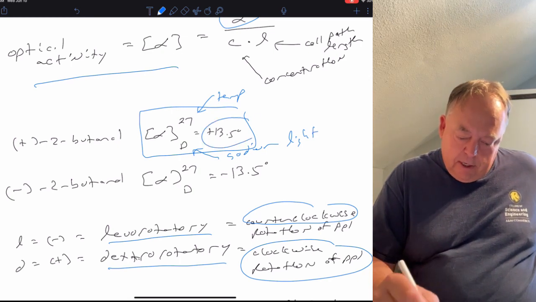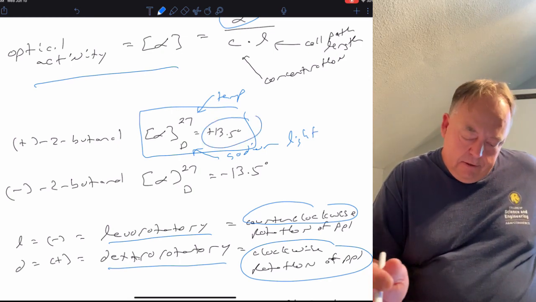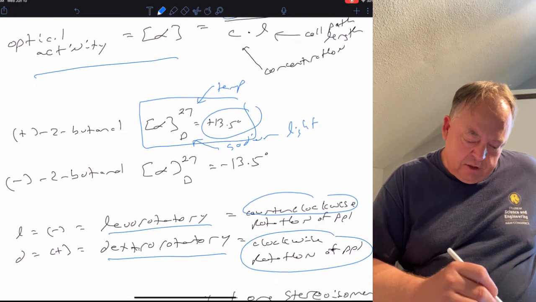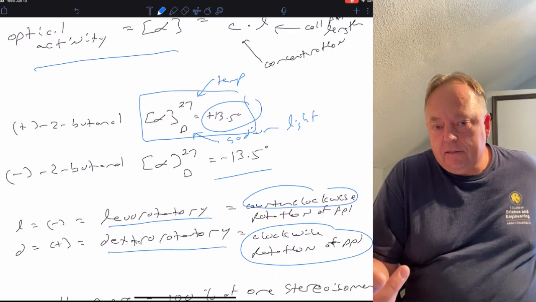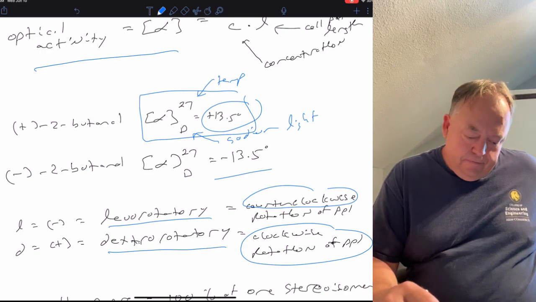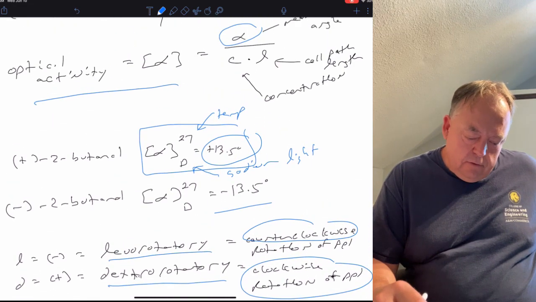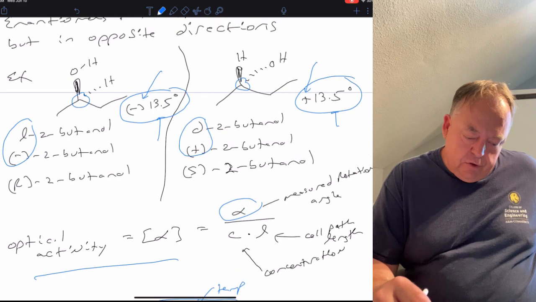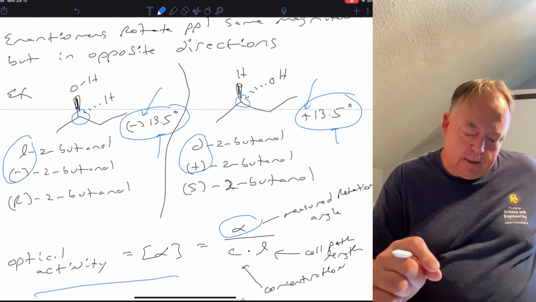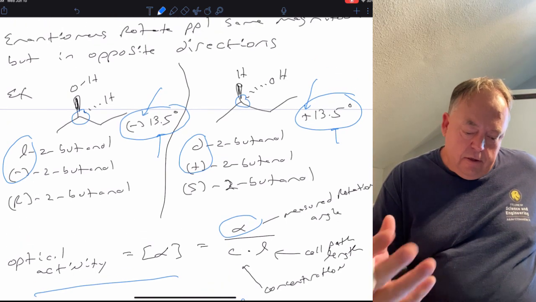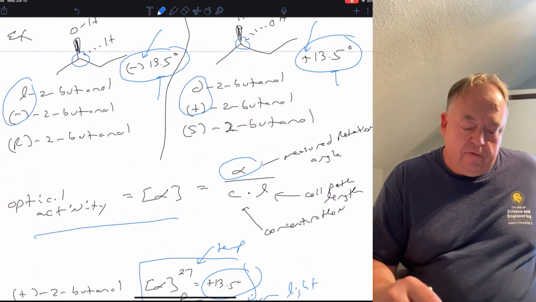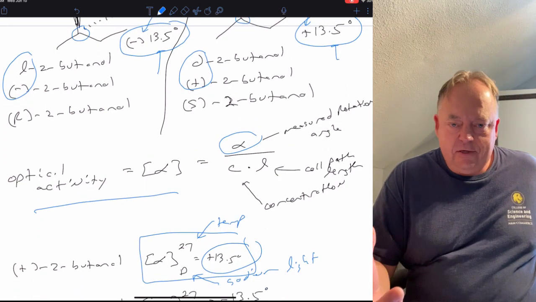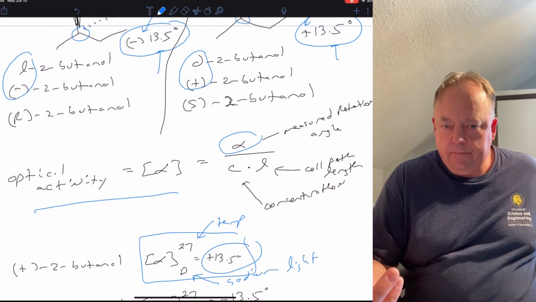And then it tells you how much it rotates plane polarized light. And then S-2-butanol, of course, is exactly opposite. So this is basically a constant for a molecule. So if you made R-2-butanol to the exact same concentration, then it should always have an optical activity of negative 13.5. So if you made a solution and it's not 13.5, you would know the sample is impure.